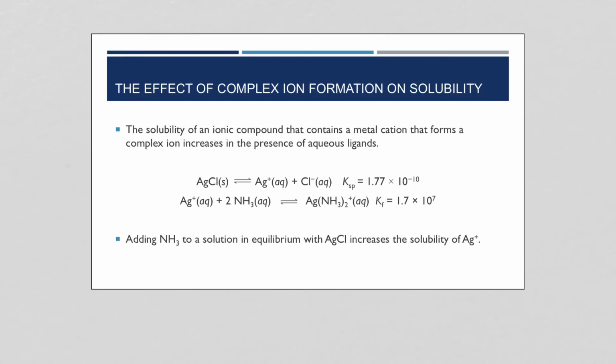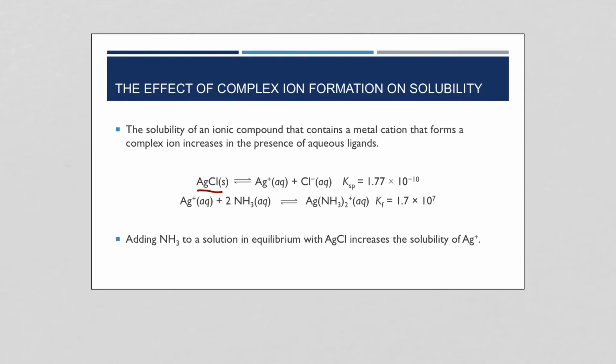If we look at the solubility equilibrium of silver chloride, in the last section we looked at an ionic compound dissolving to give us our ions. So the KSP of silver chloride is quite small, 1.77 times 10 to the minus 10. This is something, if we look at solubility rules, that would be considered very insoluble.